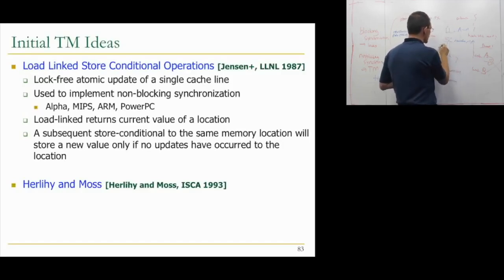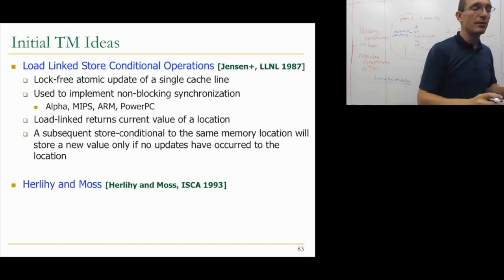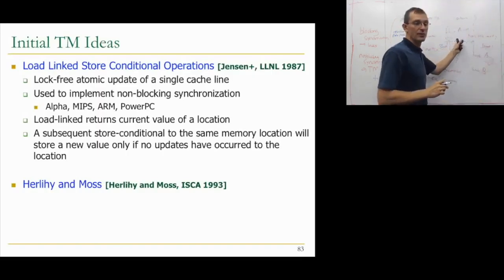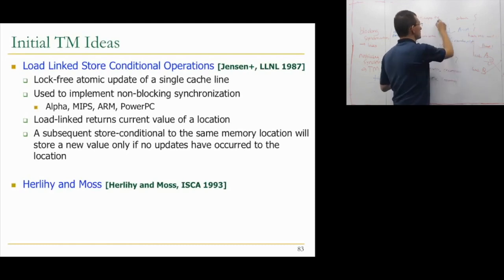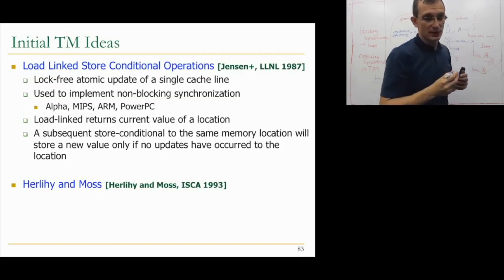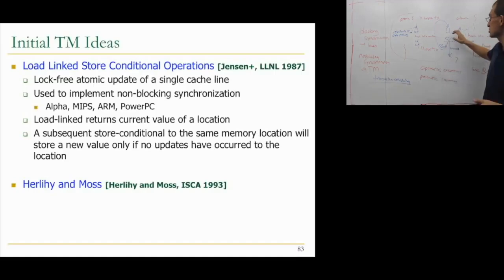If no success, which means that somebody has perturbed the memory location, there was an update to the memory location and the value of the memory location changed, which means that somebody else must have changed it, then you keep going back, and the programmer needs to do this, of course, loop, and keep loading. Whereas store conditional, if it succeeds, then you can keep going, keep executing. That's the basic idea. You enable the lock-free atomic update of a single cache line using these two instructions.